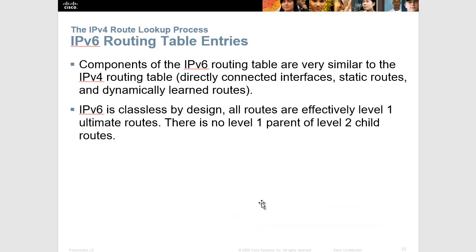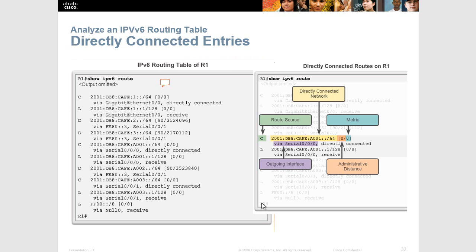Routing tables in IPv6 are a little bit different because you don't have subnet masks. Since you don't have subnet masks, there are no parent and child routes. Basically everything in an IPv6 routing table is an ultimate route, because every entry has an exit interface or a next hop IP, one or the other.